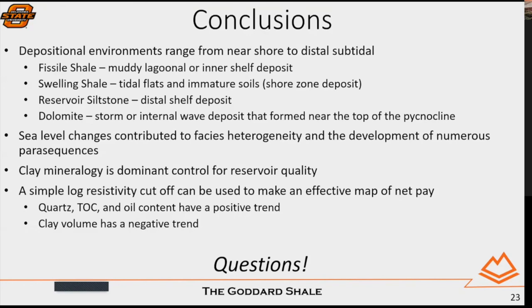Quartz, TOC, and normalized oil content, several of these important variables, all have a positive trend with the resistivity curve. And inversely, but just as important, the clay volume has a negative trend with the resistivity curve. But again, resistivity is really a key to characterizing this in the subsurface.